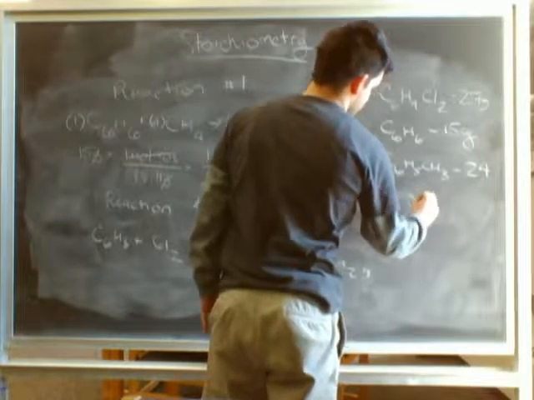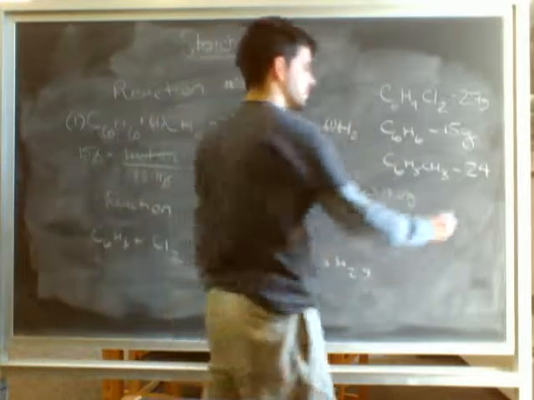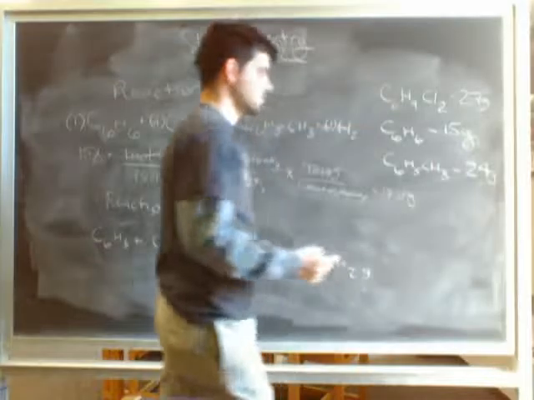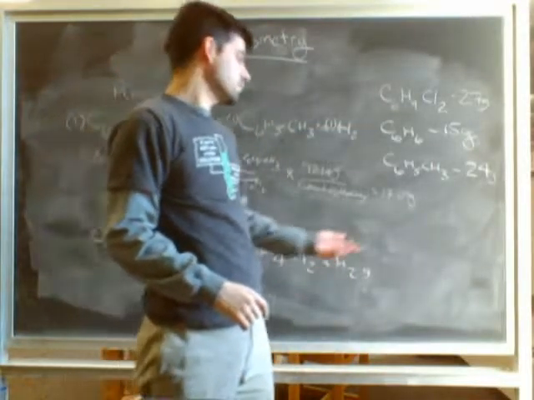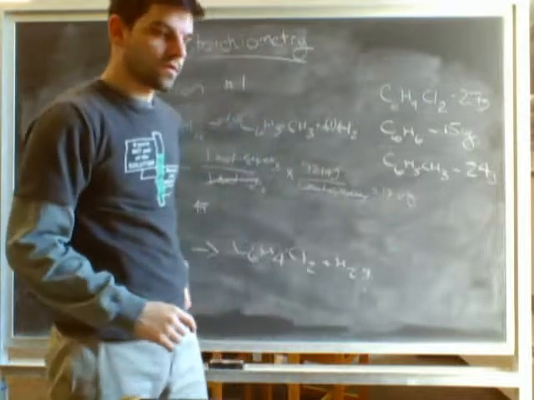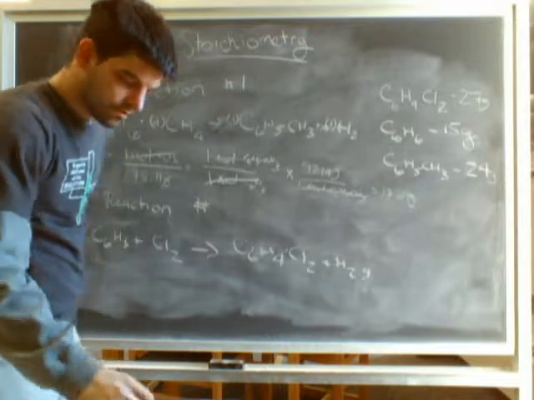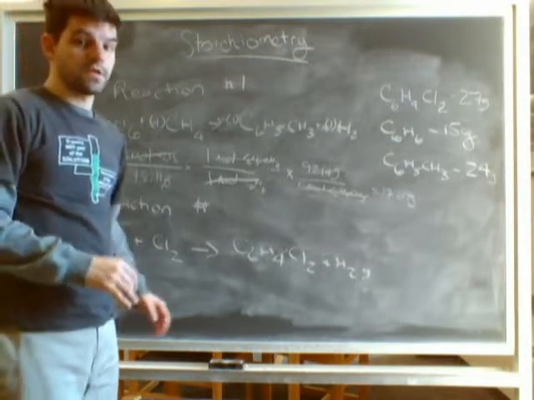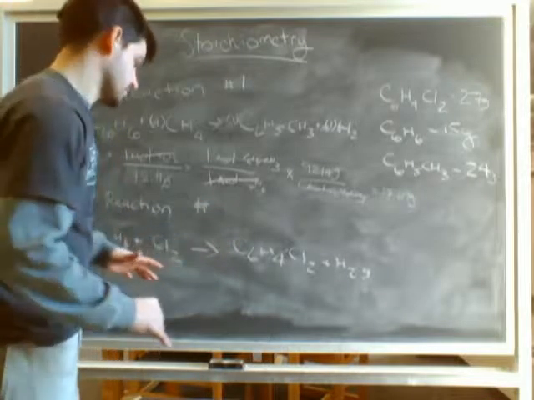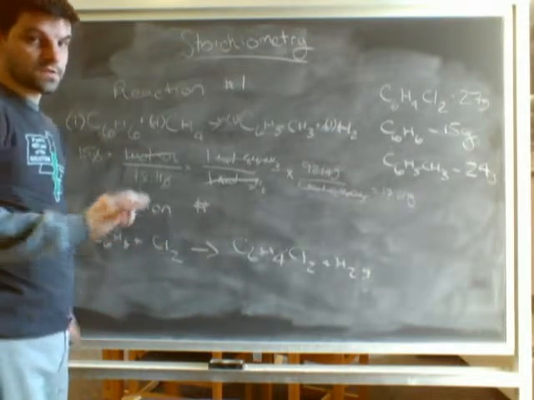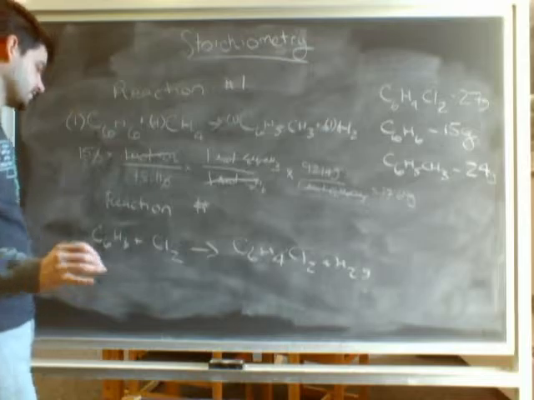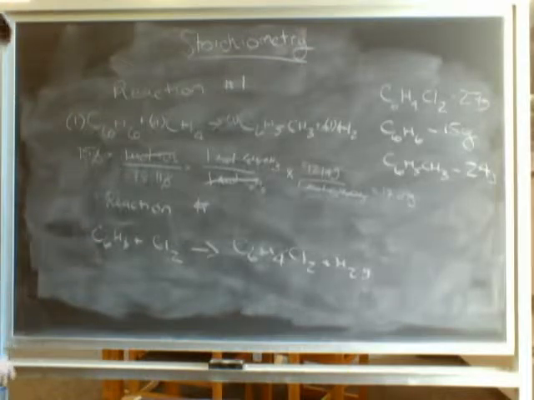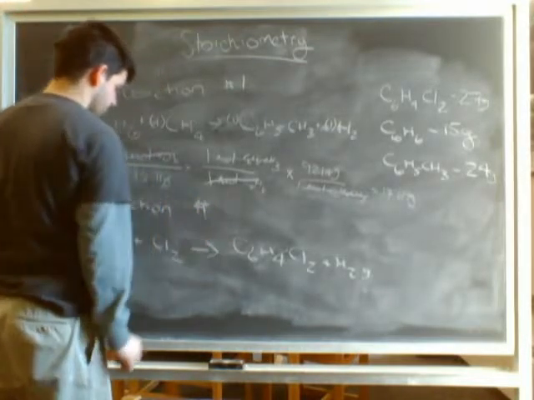Okay, so he stated that he made 24 grams of that, but right now we see that he made about 17.7 grams. Okay, so right now, as far as we're concerned, he's not telling the truth. His defense is inaccurate. But let's look at reaction 2 just to make sure.